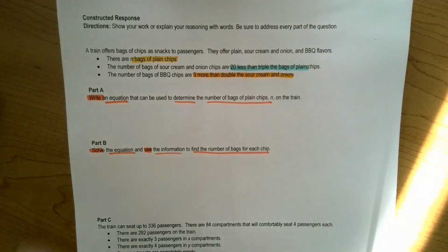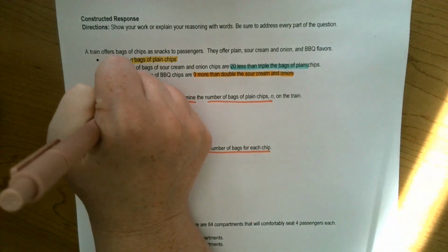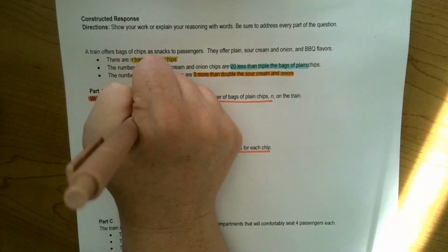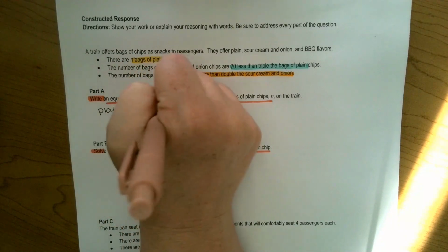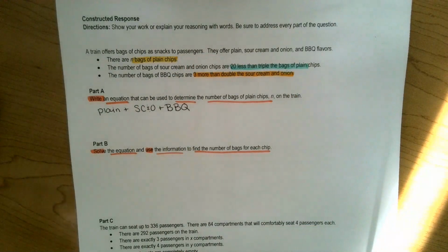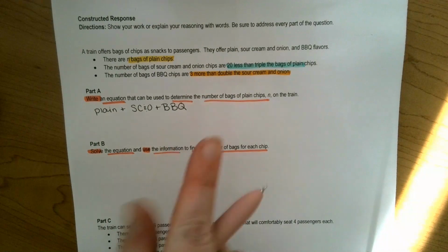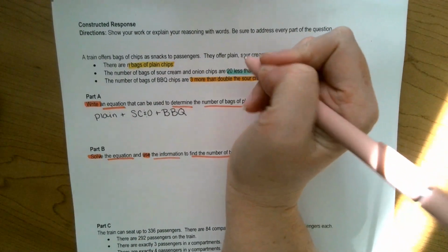So basically what we're doing is we are adding the plain, the sour cream and onion, and the barbecue together. I have left out a very important detail. I just realized something very important.